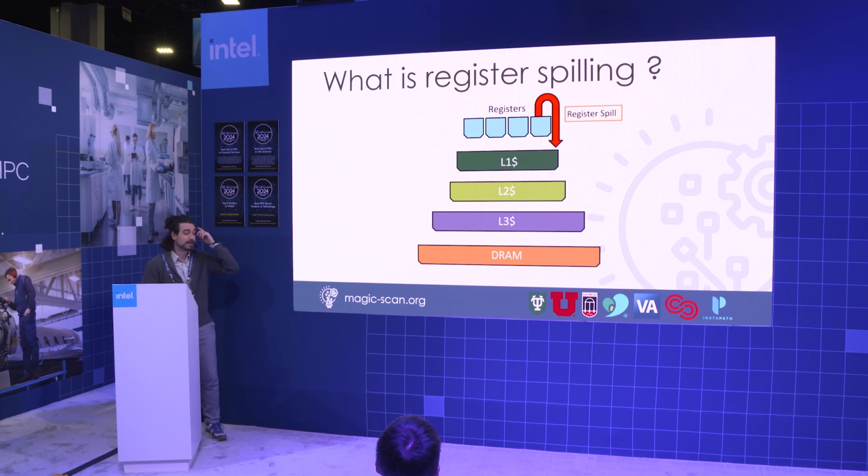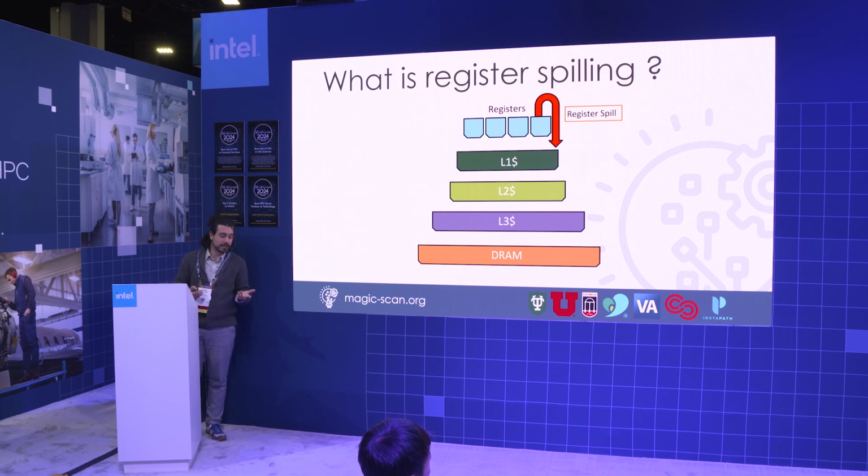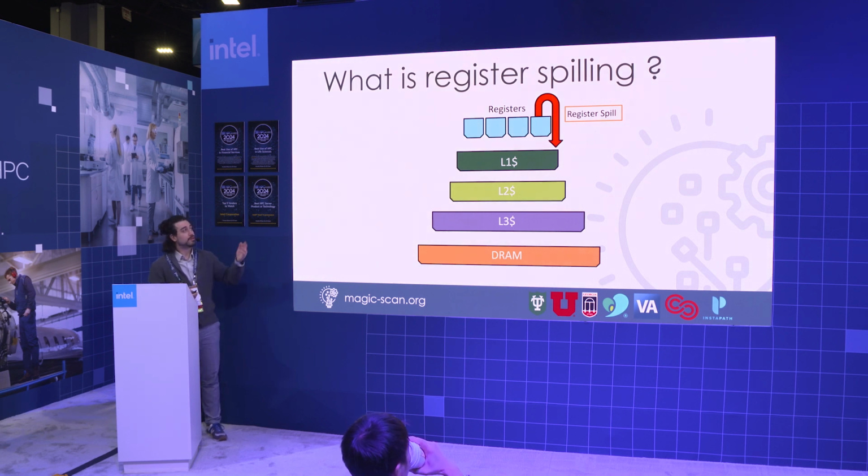This is register spilling. The reason this is bad is that now your application has to wait for your slower memory units to fetch the data to your faster memory units where you actually process things, like your registers. And that's bad because your application tends to be more memory bound as opposed to compute bound, and that limits what you can achieve in a limited time.